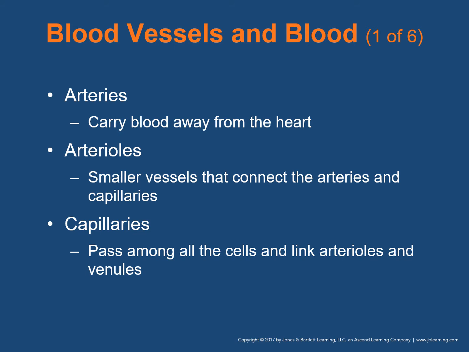They then go into a smaller vessel called the arteriole, and from the arteriole we get into the capillaries. The capillaries link the arterioles and the venules. Remember, the capillaries are where gas exchange occurs at the cellular level. So that's the oxygen-rich flow of blood.